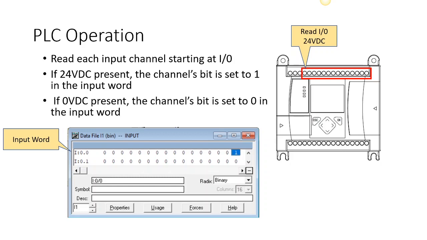Okay, so that's our input word, and our bit is going to go in this location right here. It is a bit 0, I/0, and so it's going to go in a specific location in that word. And if we start at the rightmost number, that's going to be the 0 place. And then as we move to the left, our bit location is going to move up by 1.